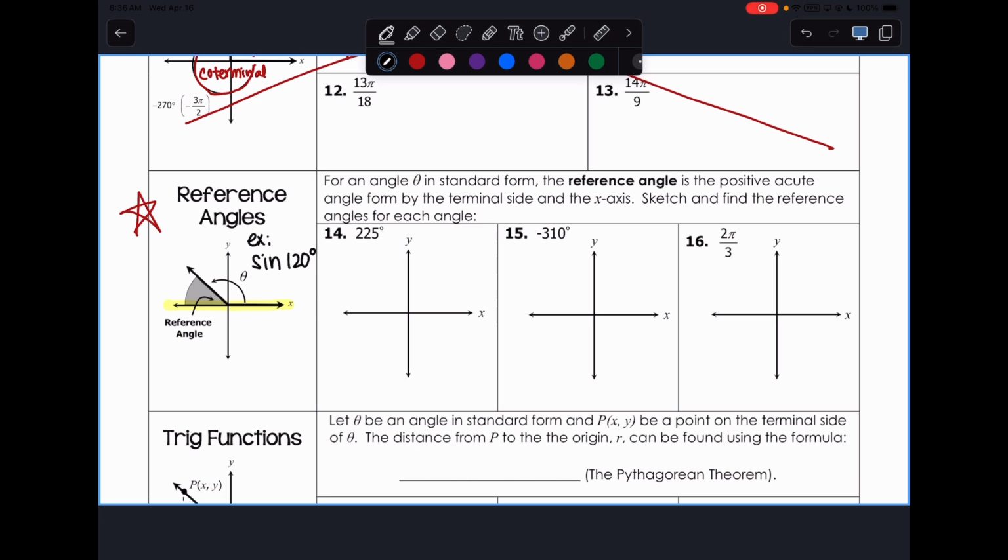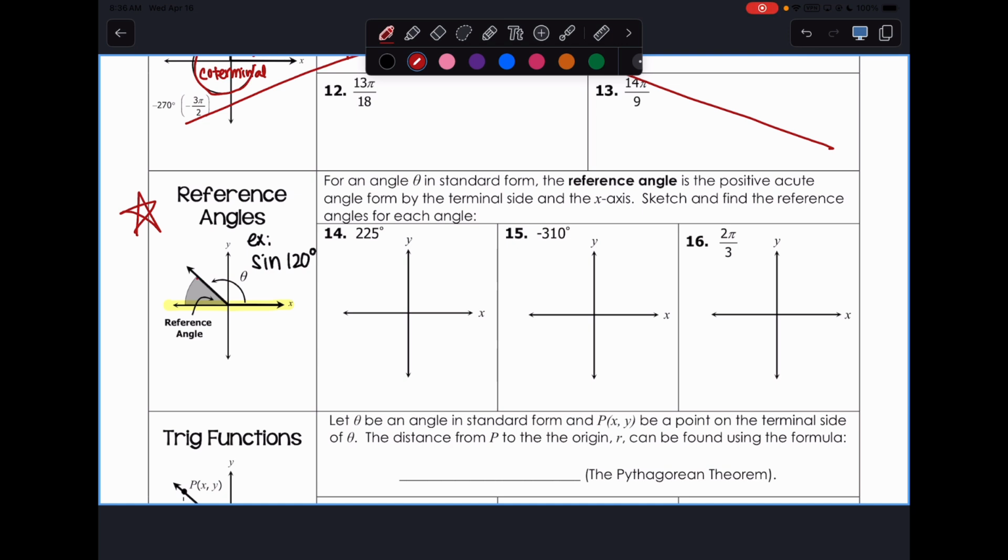But I just need you to understand, we don't take 120 to figure out opposite over hypotenuse. Does this make a right triangle? The answer is no. 120 does not make a right triangle because the largest angle should be 90 degrees for a right triangle, yes? Okay, so you have to use a reference angle in order for you to figure out where it lands on the terminal side, okay?